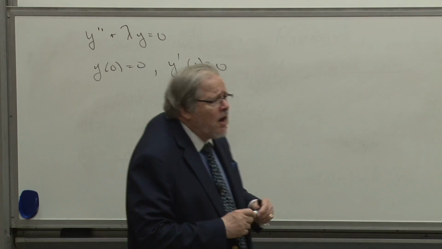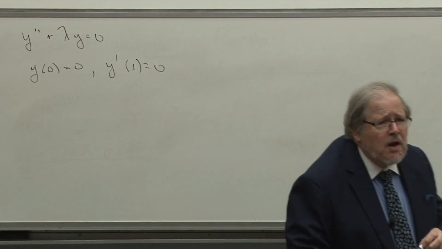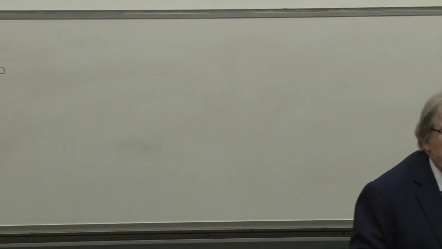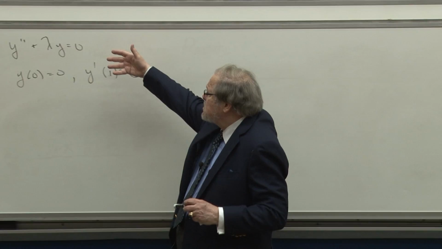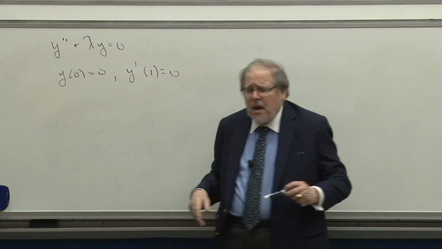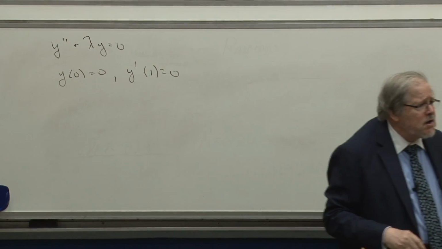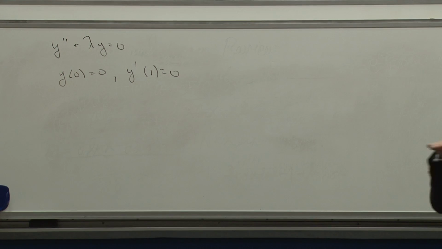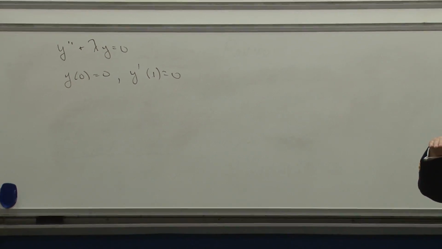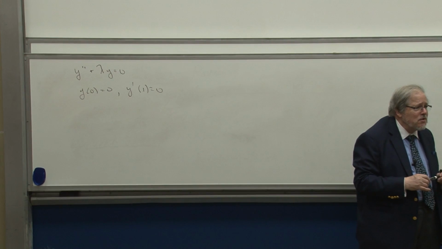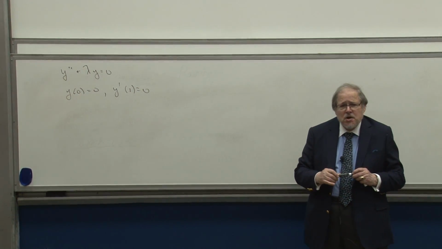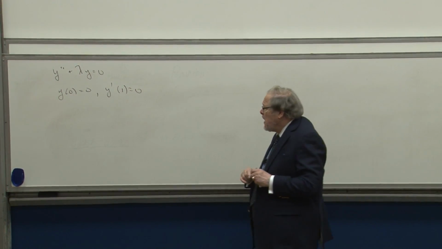And so with the eigenvalue problem, the objective is to find non-zero solutions for this problem, which is a homogeneous differential equation. The boundary conditions are also homogeneous, and so the fact that y equals 0, identically 0, is a solution is so obvious that we call that a trivial solution, and the objective is to find others.